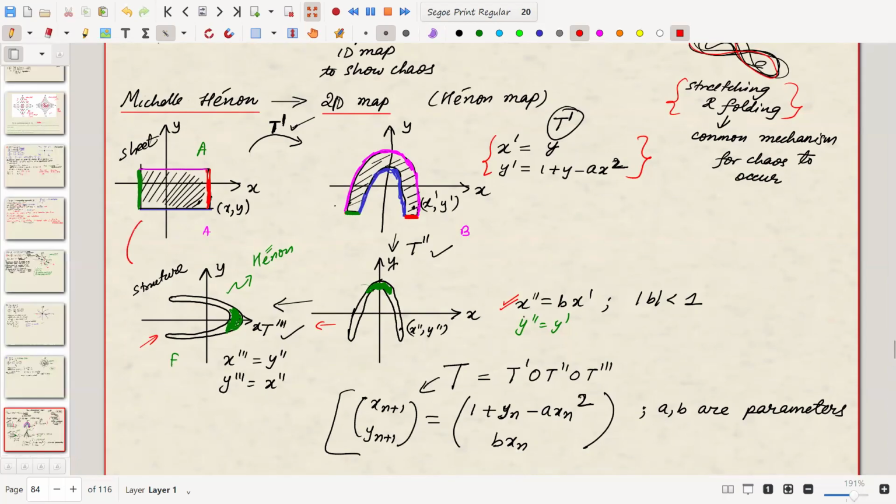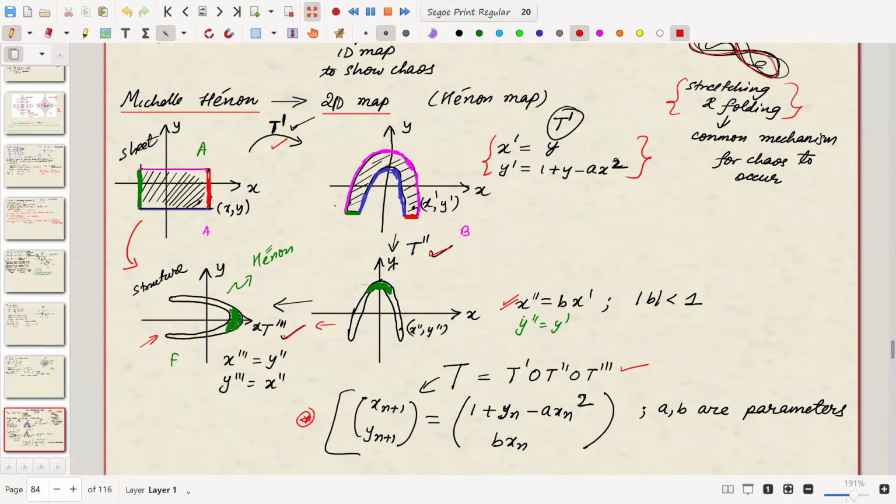Converting a two-dimensional sheet into the Henon attractor is the action of the Henon map.